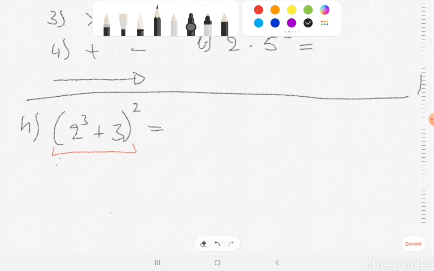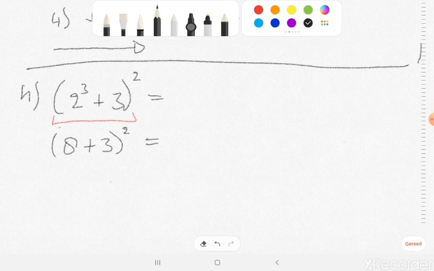So I just open my bracket. 2 to the power of 3 is the first thing that I need to do. That's 8, and then plus 3, closing the brackets, and then squared. Step 2, 8 plus 3 is 11, squared. I'm just leaving the brackets right now because 8 plus 3 is 11. It is a positive number, so you can leave the brackets, and that's 121.